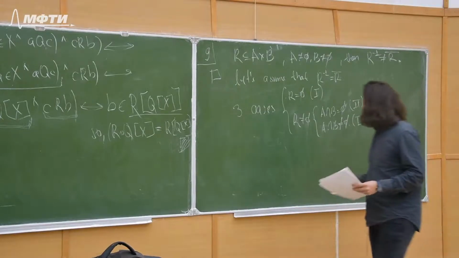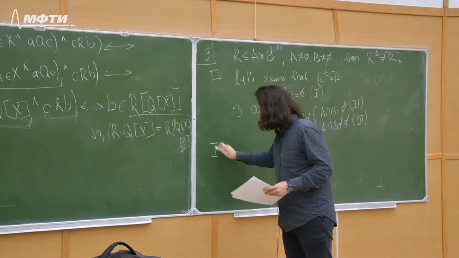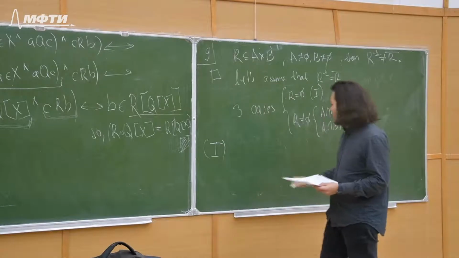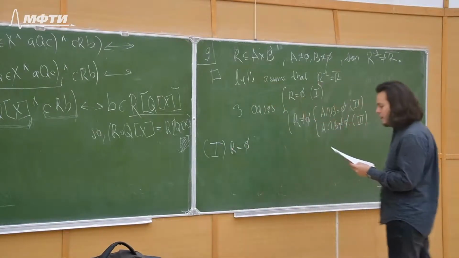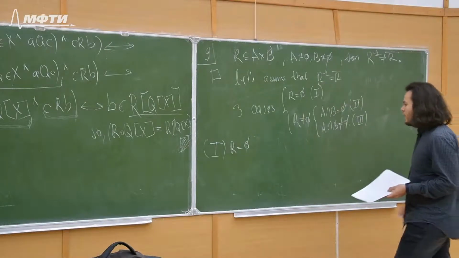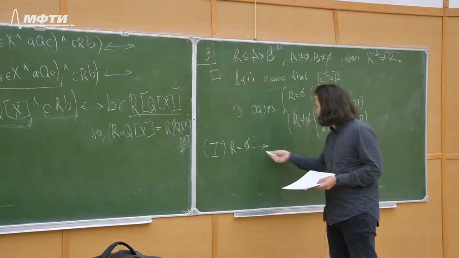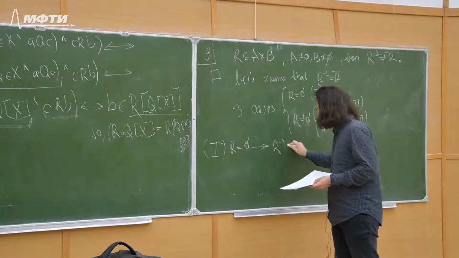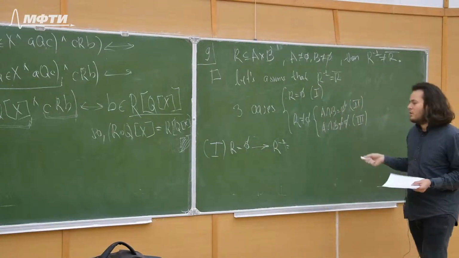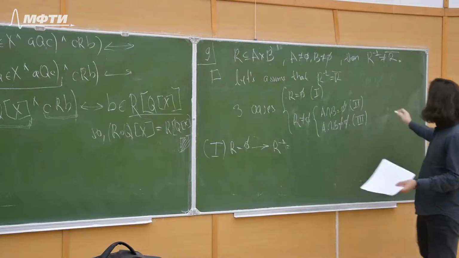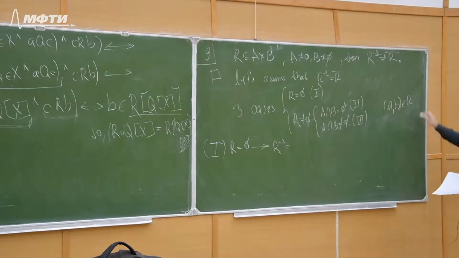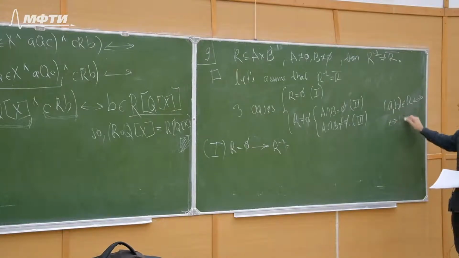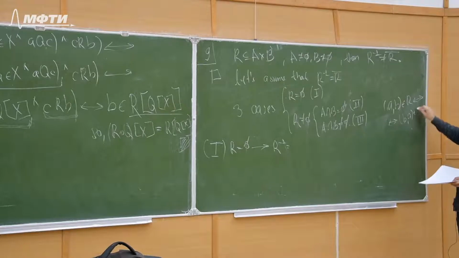So let's look at case number 1. In this case R is empty. So if R is empty, it means that R minus 1, the inverse, is empty too. Do you remember? If AB belongs to R, this is true if and only if BA belongs to R minus 1.